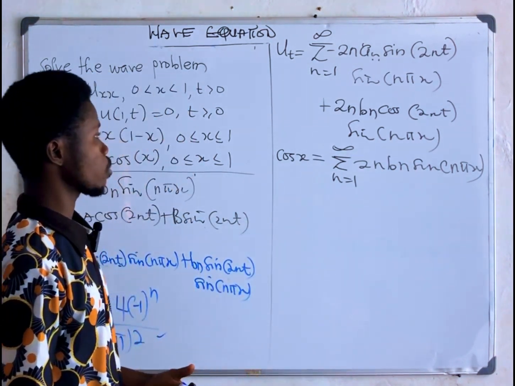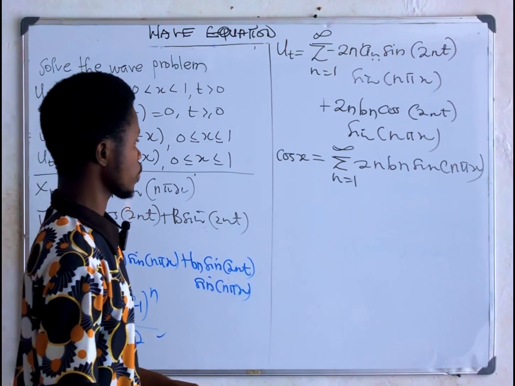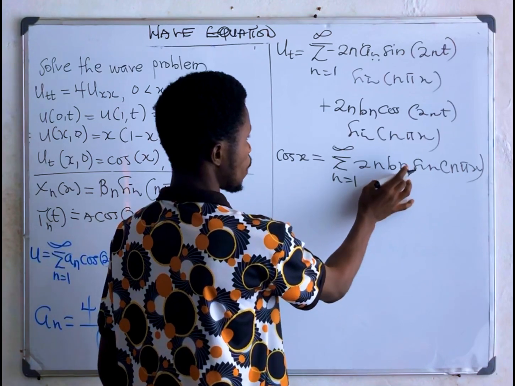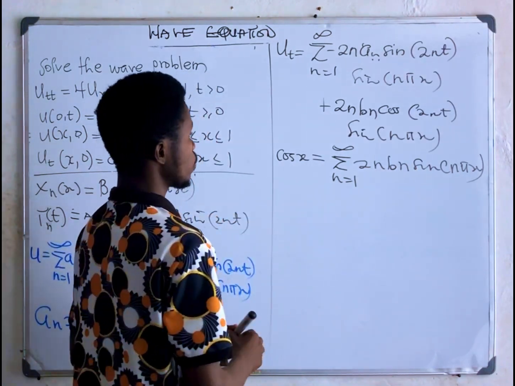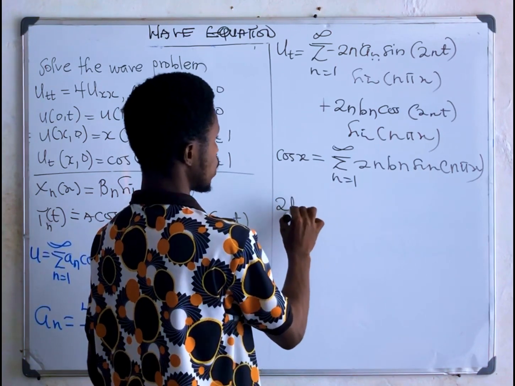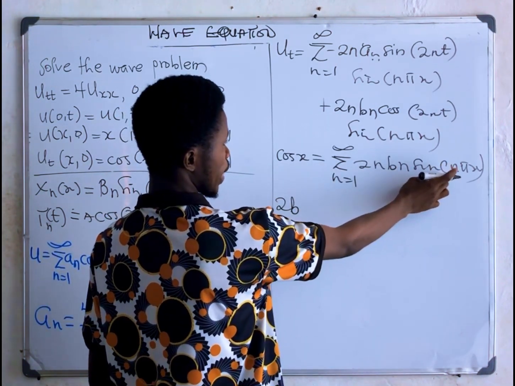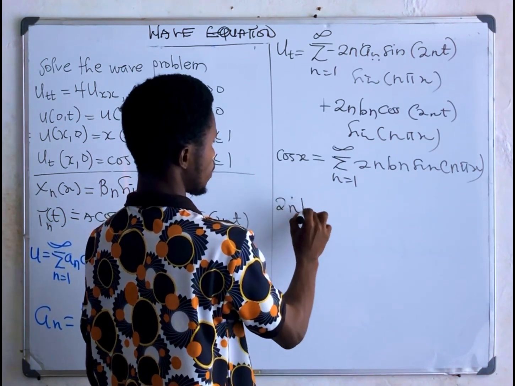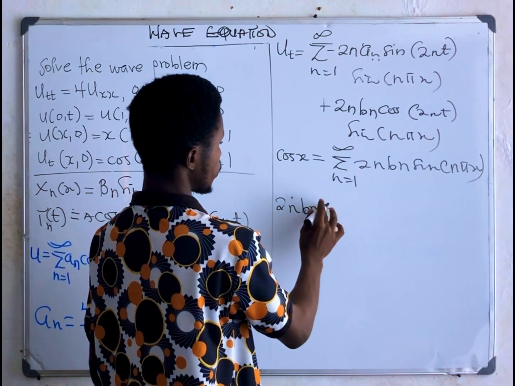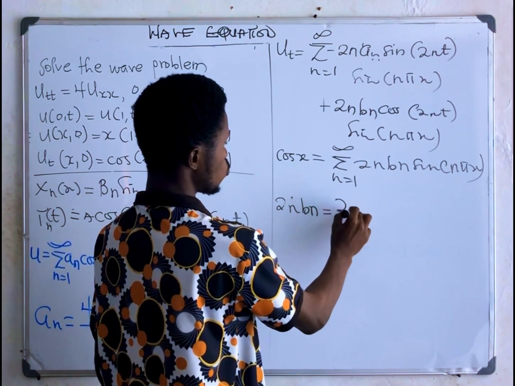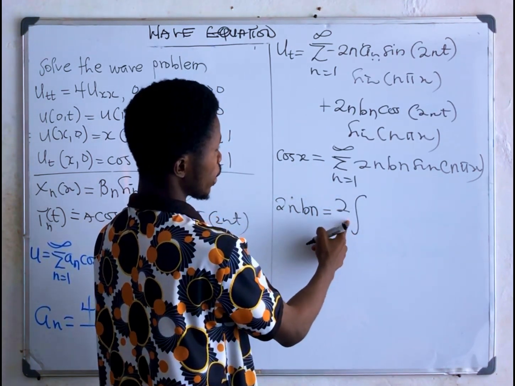Now the next thing that I have to look at is to be able to find bn. Okay. And this is Fourier sine. So for you to be able to find it, you know that you take the coefficient of the sine n pi x, which is 2n bn, is equals to 2, because it's 2 over 1.